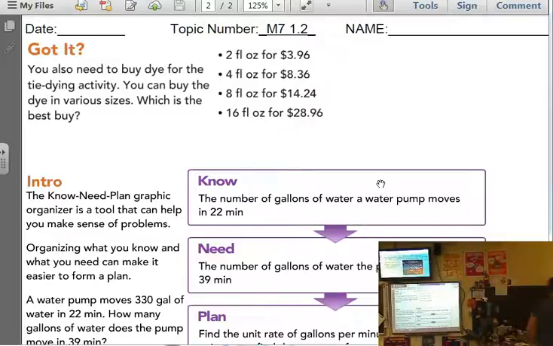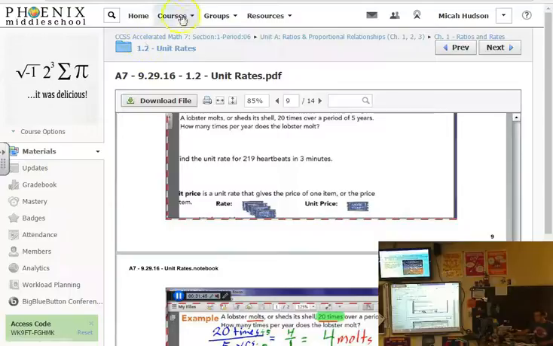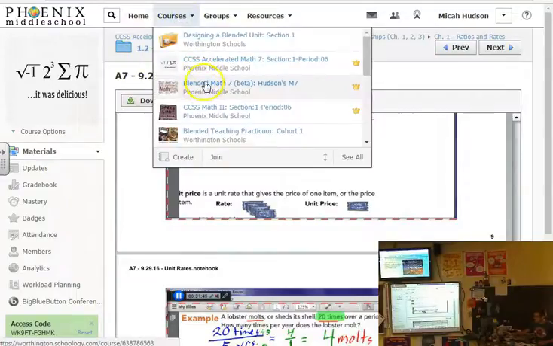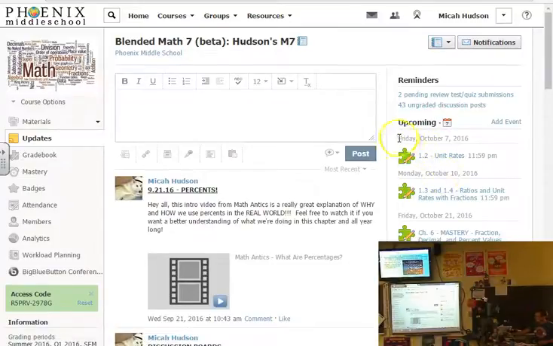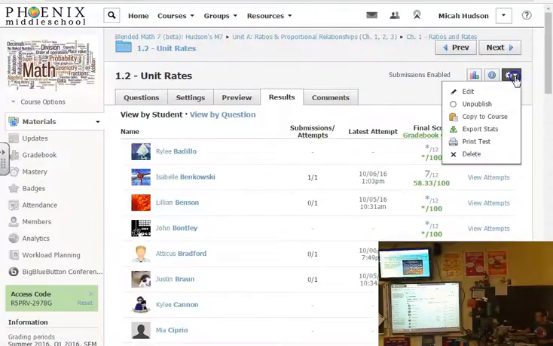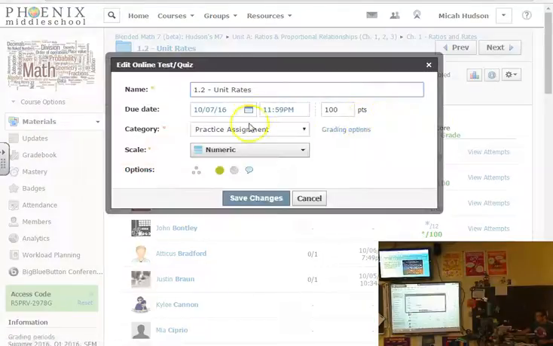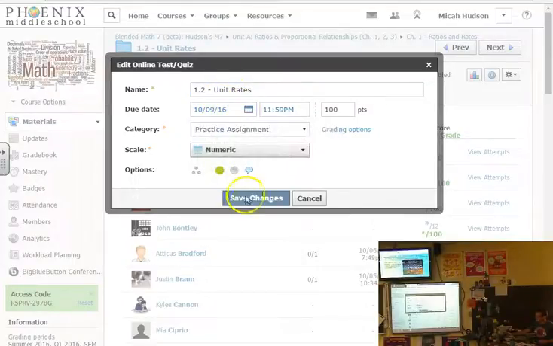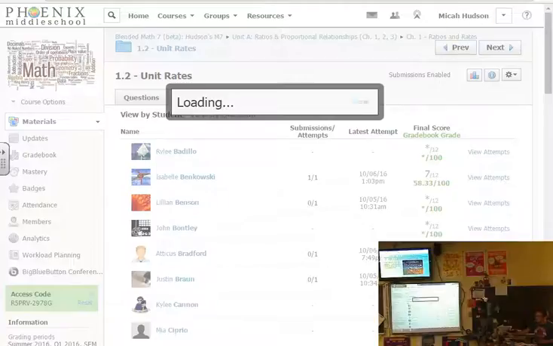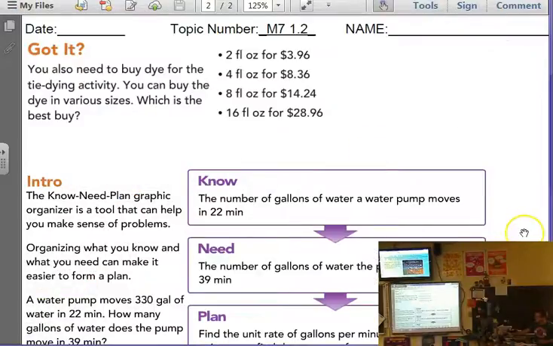I can extend it if that's what you're requesting. 1.2, you should try to get it done by midnight tonight, but let's just do this. Most people haven't done it. So let's do Sunday night. Try to get this done by Sunday night. You've got all weekend now.